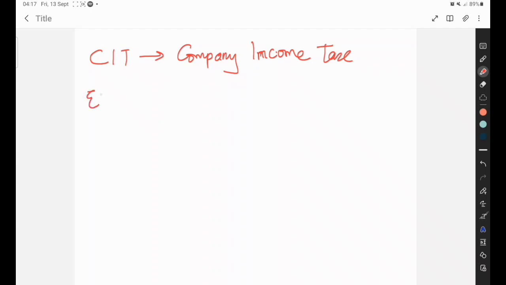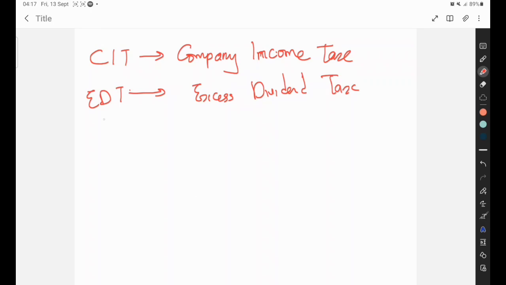The terms we'll be explaining, we're talking about CIT, which is company income tax. We're talking about EDT, which is excess dividend tax.